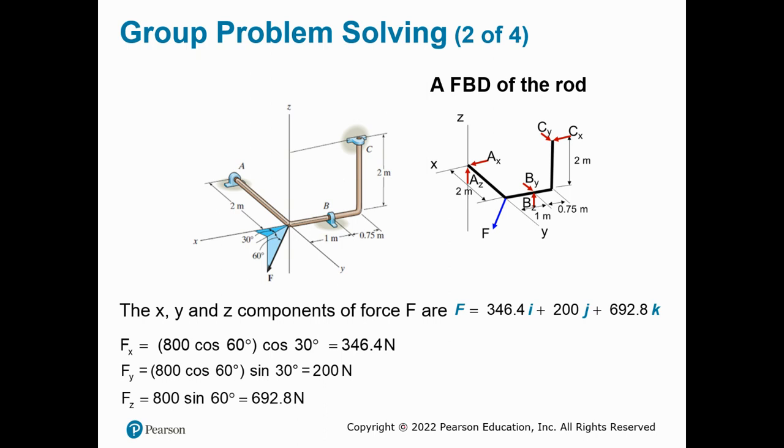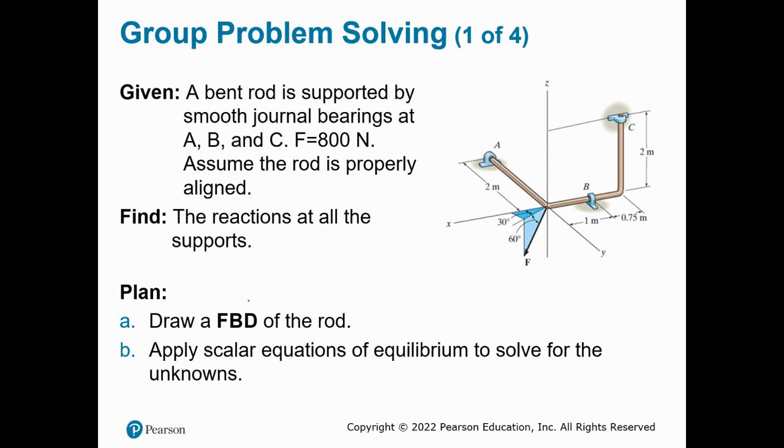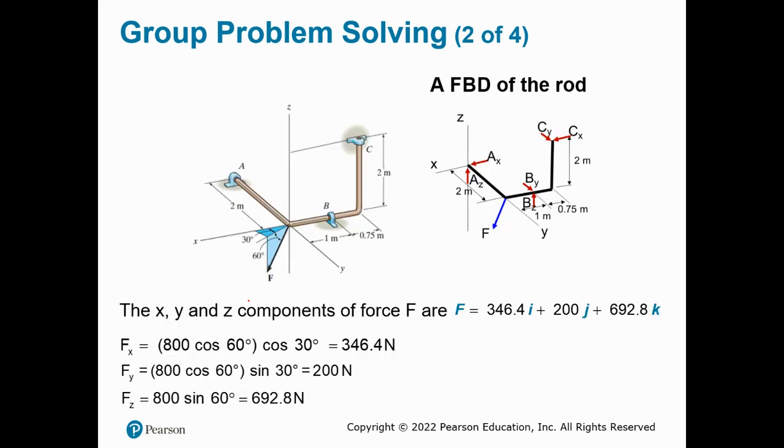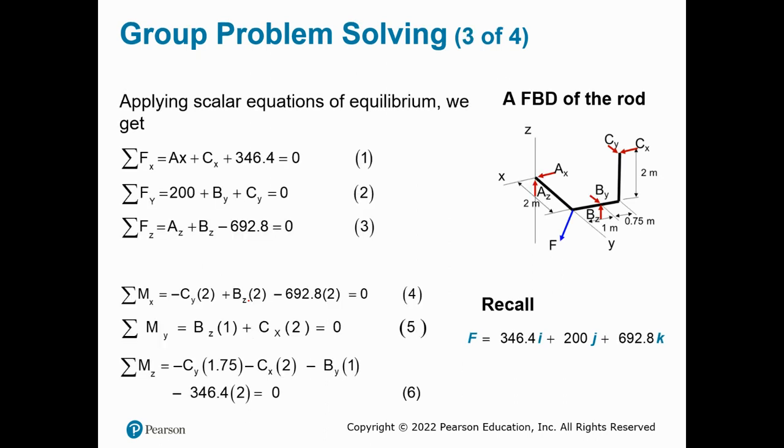So first, we break down our force F into Fx, Fy, and Fz. We use that 30-60 degree angle to help us break that blue force into the three different directions. Since we know the magnitude is 80 and we know the direction, we break our force into Fx, Fy, and Fz.